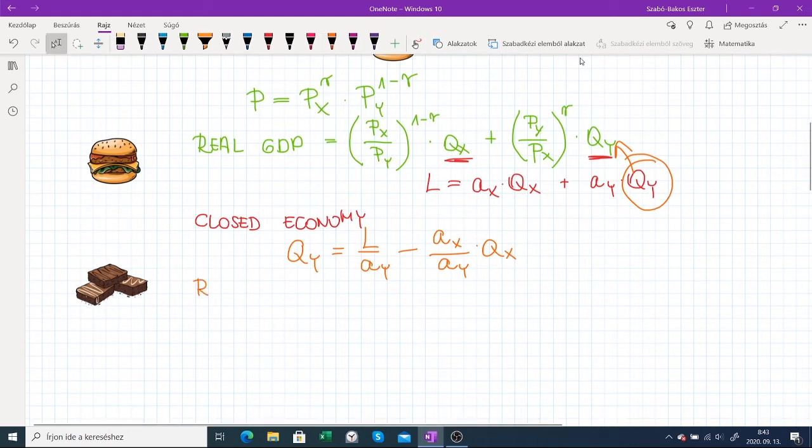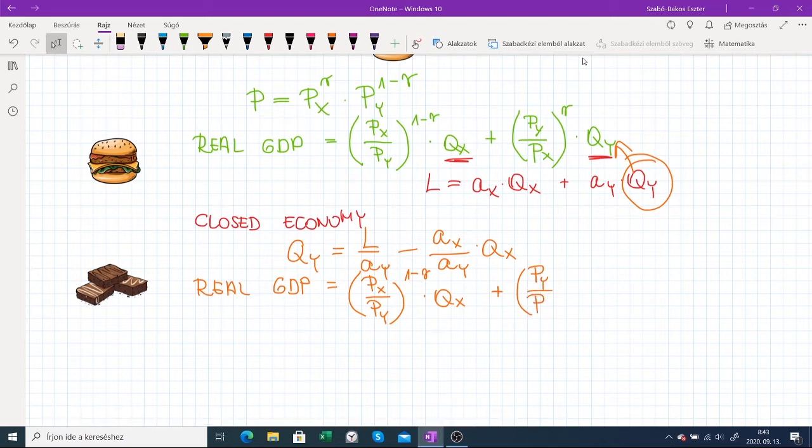So the real GDP for a closed economy equals (Px over Py) raised to power of 1 minus gamma times Qx plus (Py over Px) raised to power of gamma multiplied by the expression for the Qy.